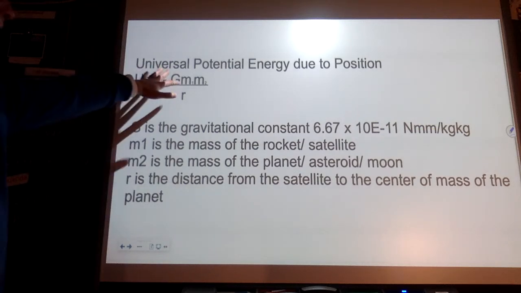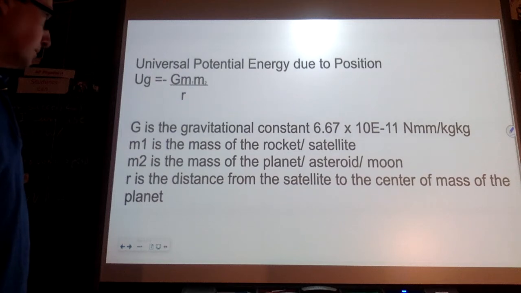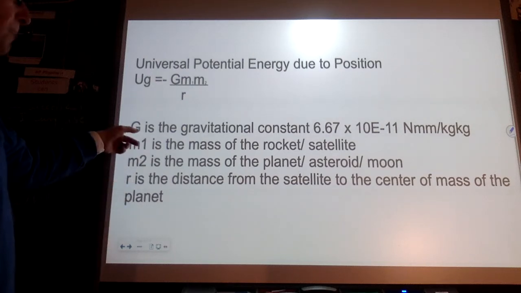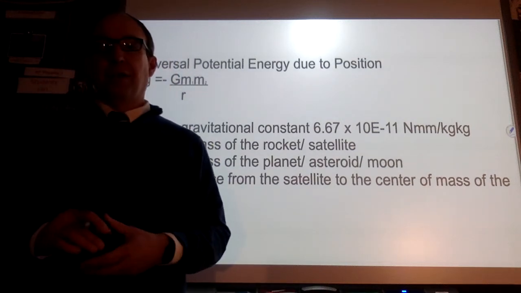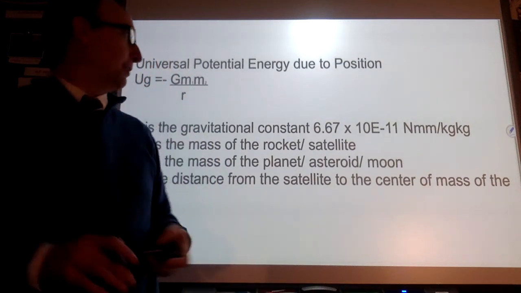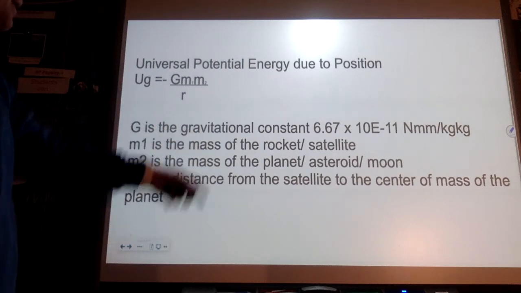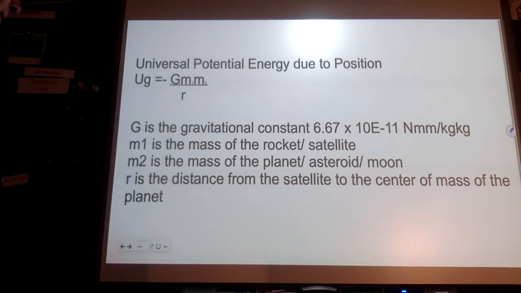All right, so this is on our equation sheet. So is big G. It's 6.67 times 10 to the negative 11th newton meter squared per kilogram squared. Little m is the mass of what you're trying to liberate. Big M is the mass of the planet.